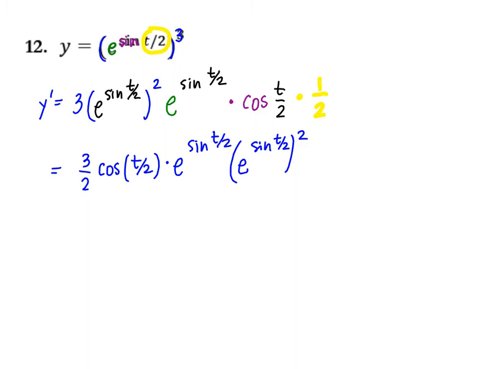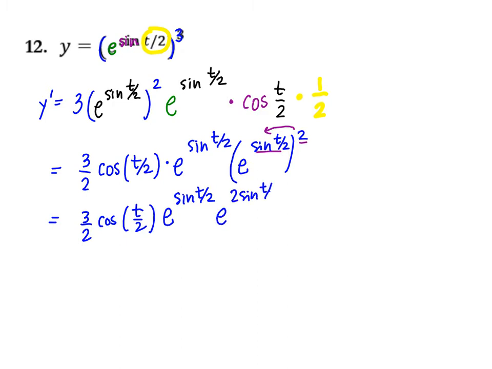Now if you remember properties of exponents, a power of a power means we can multiply. So we can multiply these two powers of e, which is 3/2 cosine of t over 2 times e to the sine of t over 2 times another e to the 2 sine of t over 2. 2 times sine is 2 sine.